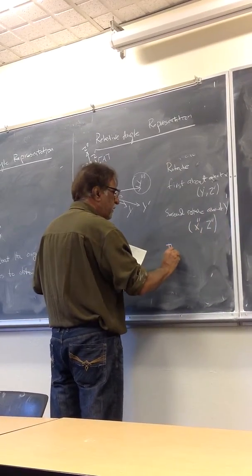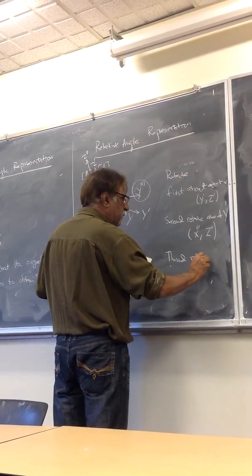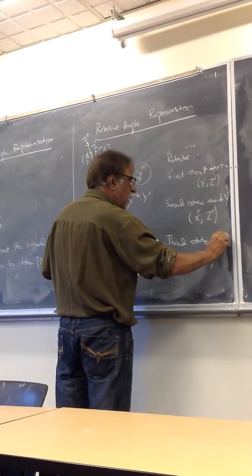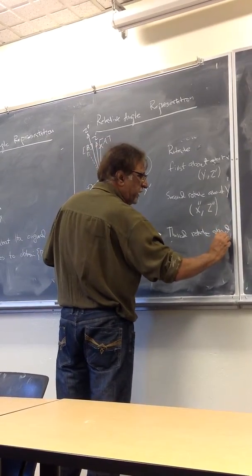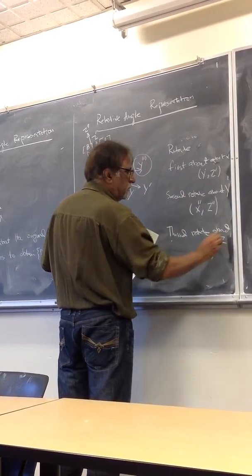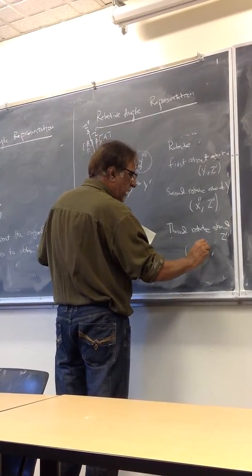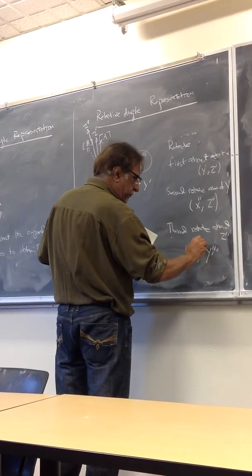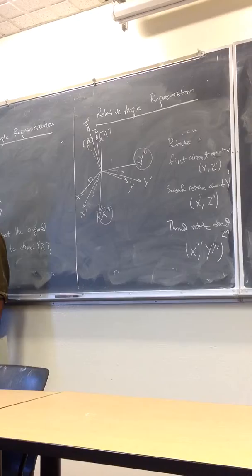And third, rotate about Z double prime, and you get X triple prime and Y triple prime. Right?